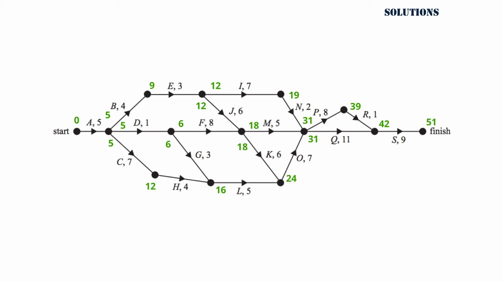Now we are going to go back to determine the latest starting time. Notice that for activities N, M, and O, we need to take the smallest latest starting time from activities P and Q, and that is 31.